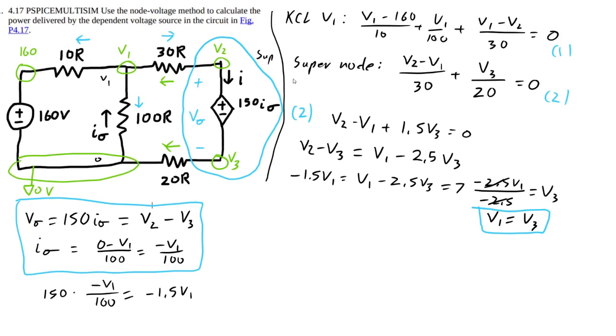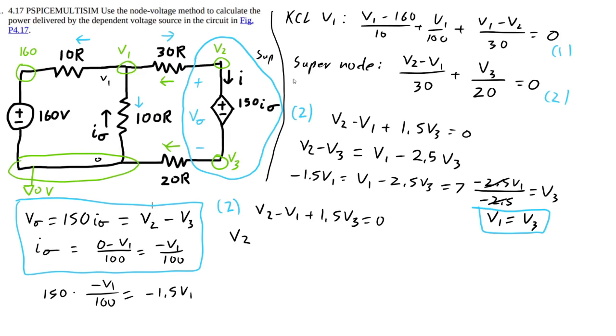equation 2. So let's bring back equation 2. We'll just pull this down again, because we already did the expression. We'll do V2 minus V1 plus 1.5 V3 equals 0. But we know that V3 equals V1, because we did that little math thing.